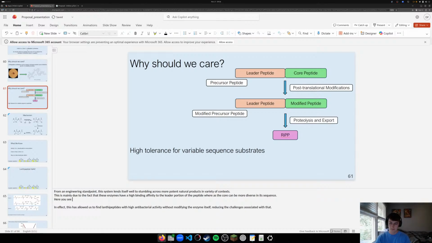Here you see a diagram showing the maturation pathway of the precursor peptide to the RiPP, which stands for ribosomally synthesized and post-translationally modified peptide.